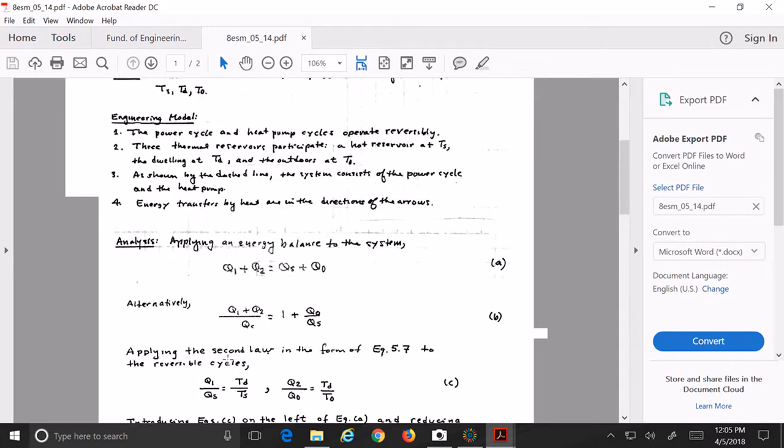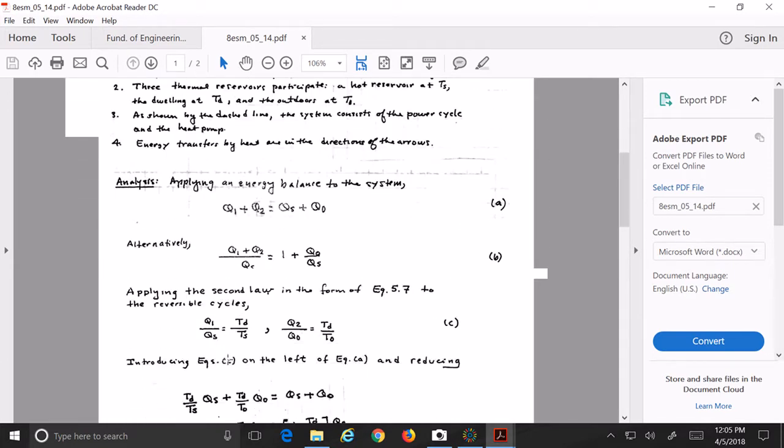Okay, let's see what they do, because I don't. Q1 plus Q2 equal to QS plus Q0, no?